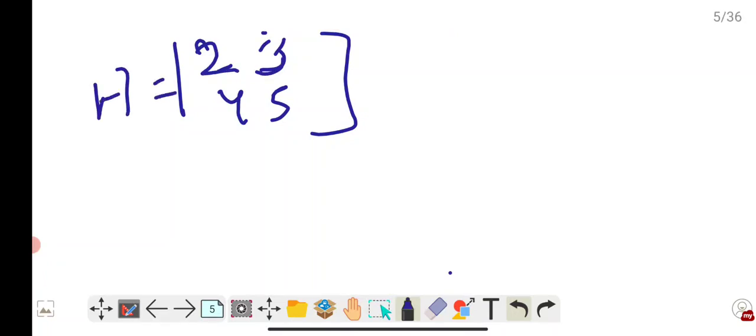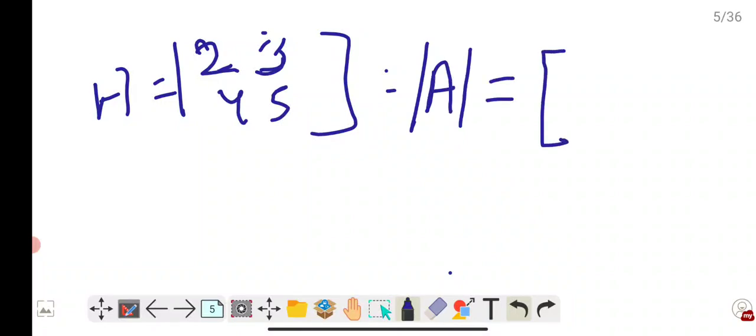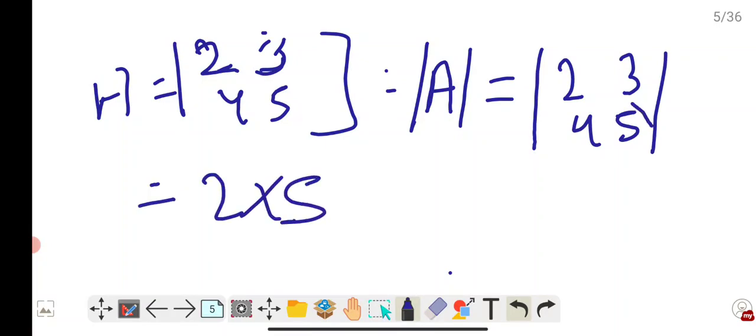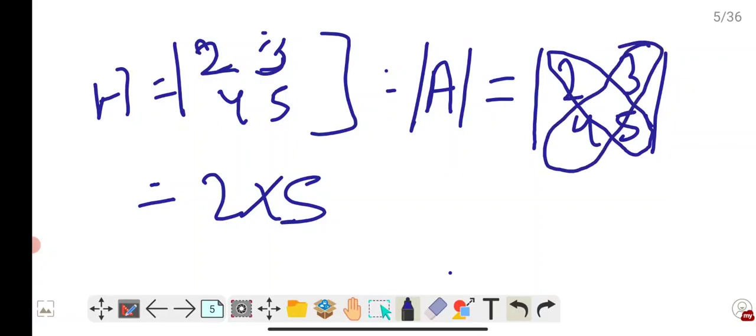A equals 2, 3, 4, 5 is given, then we have to find the determinant of A. We simply write this 2, 3, 4, 5, and then we multiply 2 into 5, and subtract the multiplication of these two, minus 4 into 3.